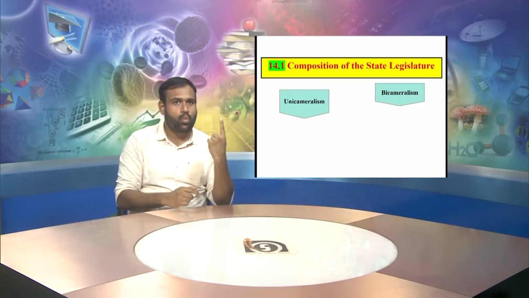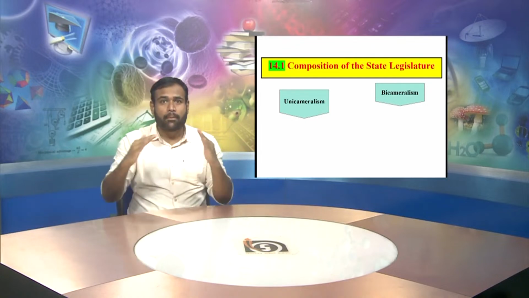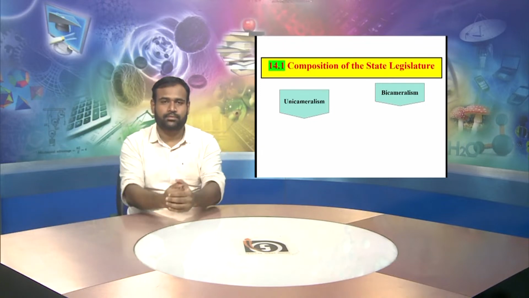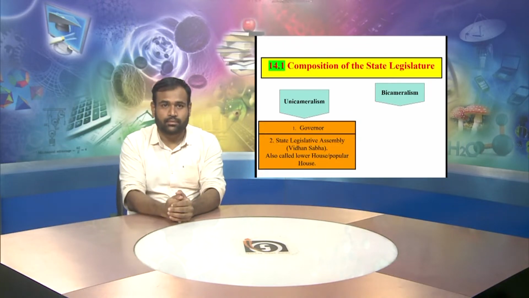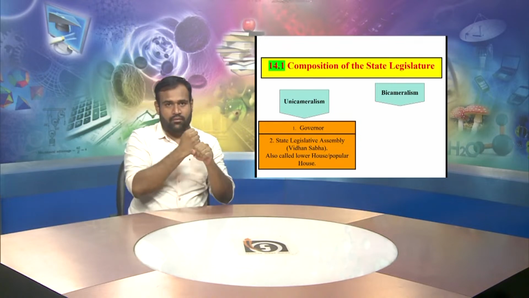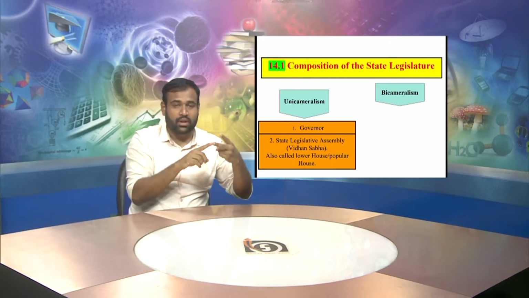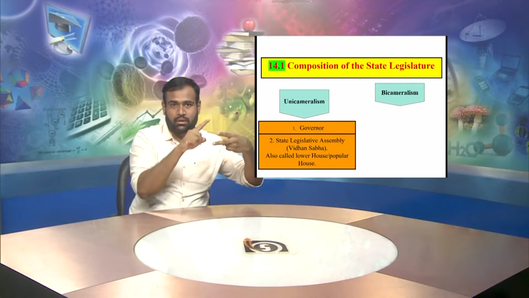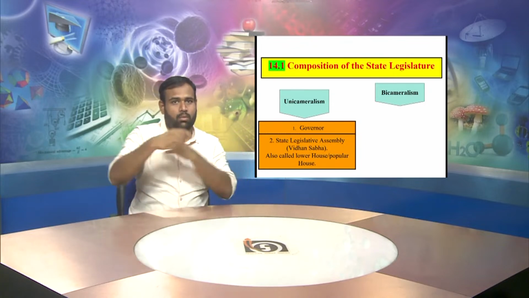Let us get started with point number 14.1. This is composition of the state legislature. We already have understood that there are 2 kinds of government. The first is unicameralism and the second is bicameralism.